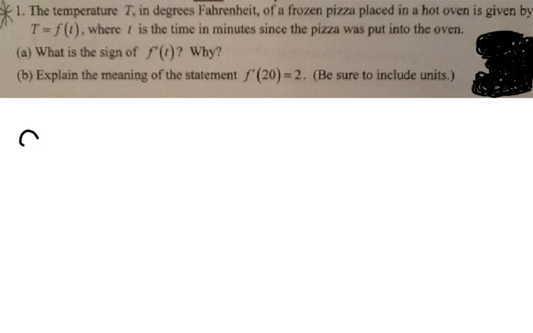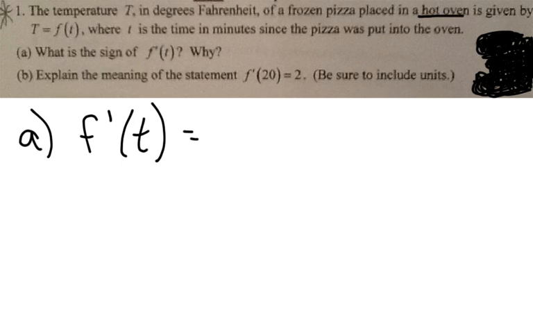Okay, so F prime of t is the derivative of the temperature equation, which is going to describe the rate of change of the temperature equation. So, how is the temperature changing when it is placed into this hot oven?